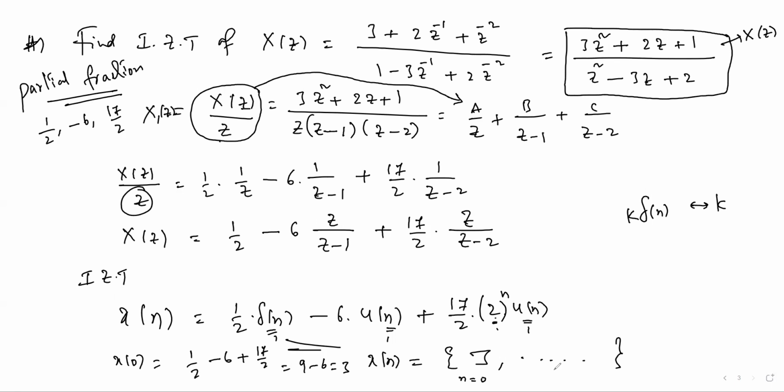Now, sometimes if you need the sequential form of x of n for that kind of X of z, instead of partial fraction, we can use the power series expansion method. Directly you will get the sequential form in the power series expansion method.